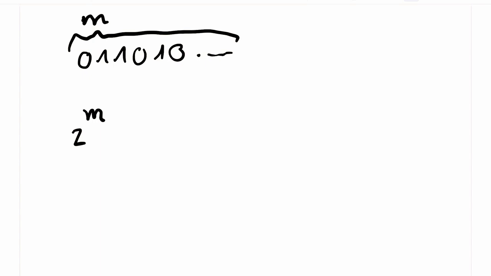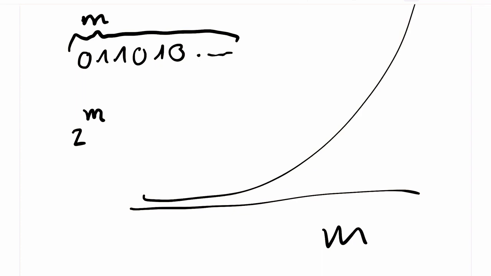Already for moderately small input sizes, the running time can be longer than the lifetime of our universe. You don't want to wait for so long for your algorithm. And unfortunately, for some of the problems in NP, for example, for the 3-colorability problem, the best algorithms that we know have such an exponential running time.